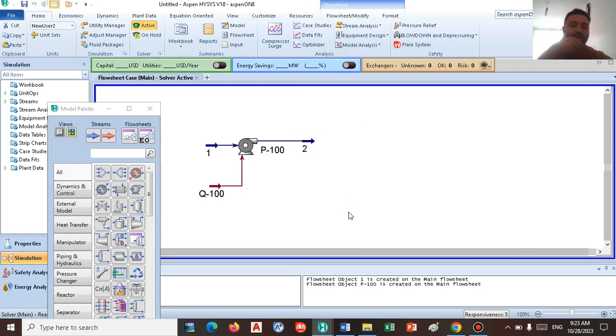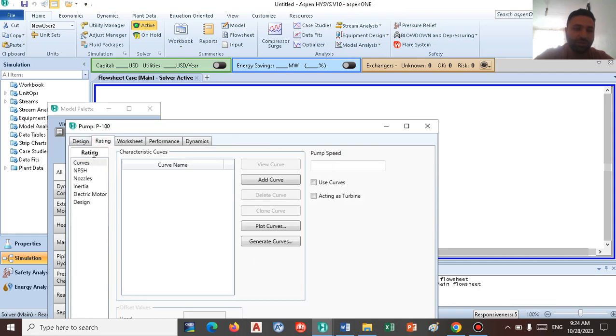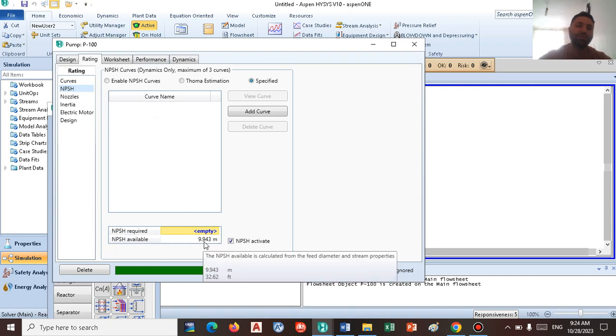The simulation runs correctly, and we have a pump that pumps water from 1 atm to 4 atm. HYSYS automatically goes to the rating and calculates NPSH for us, and it is right here.